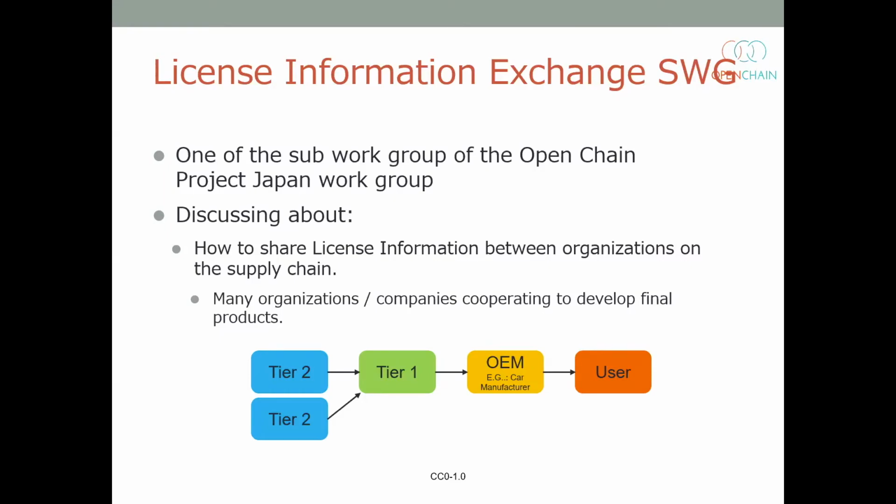In real business, an embedded software product is developed by many companies and organizations cooperating in a supply chain, with upstream software providers and suppliers, and downstream software integrators, and finally, for example, a car manufacturer integrating such embedded products into the final product and distributing those products to the market, where the end user will use such embedded software products.